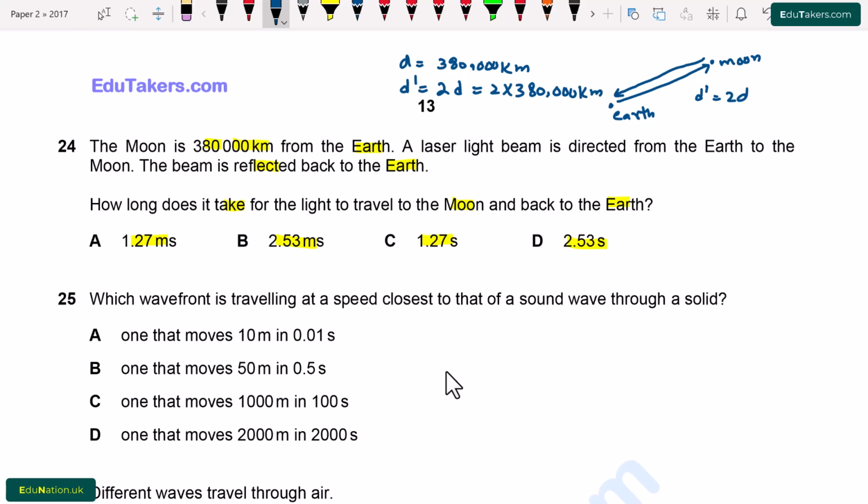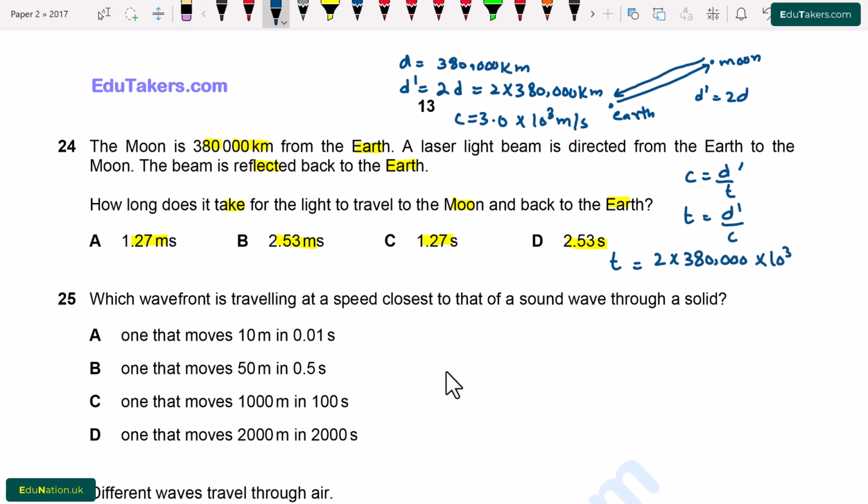Also, these waves move with the speed of light. So C will be equal to 3.0 into 10 to the power 8 meter per second. So we can easily find out time by using C is equal to D by T, where T is equal to D prime by C. So time will be equal to 2 multiplied by 380,000 multiplied by 10 to the power 3.